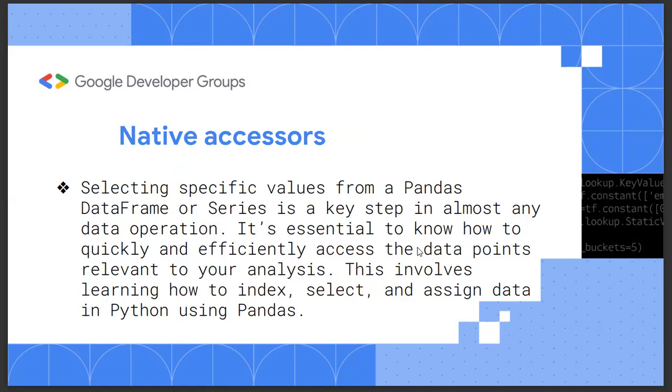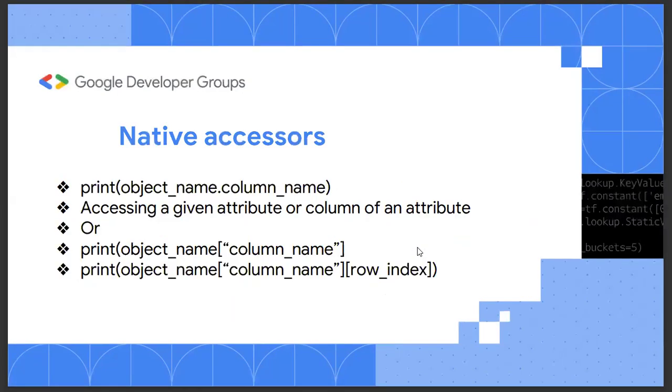So we have what we call the native accessors, selecting specific values from a pandas data frame or series. One of the native accessors is using the object name and then dot column name. Let's see that.